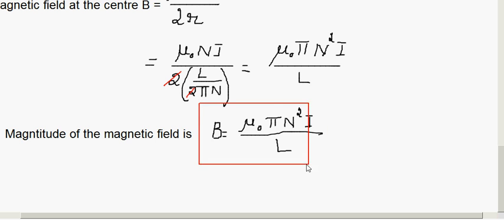Now we also have to write the direction. Here the current is clockwise. If you apply the right hand grip rule, you will get the direction perpendicular to the plane of the loop and entering into it, or it is going into the plane of the paper, or the direction is inward, because the current is in clockwise direction.